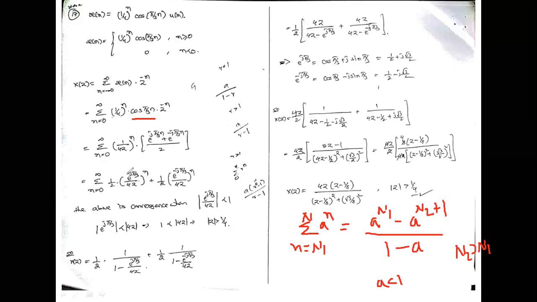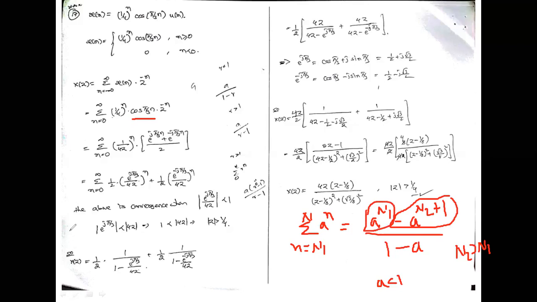One has a plus and another has a minus, so you can take the magnitude. The total magnitude of e^(jπ/3)/(4z) is less than 1. Got it, my students? So using this formula, n1 is 0 and n2 is infinity, the second term becomes 0, and the first term becomes 1, because a to the power 0 is 1.